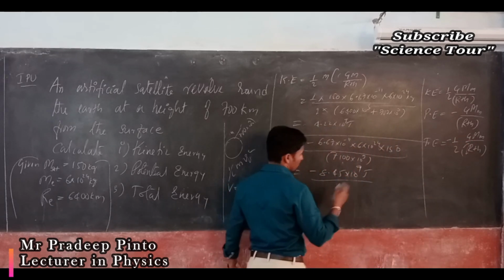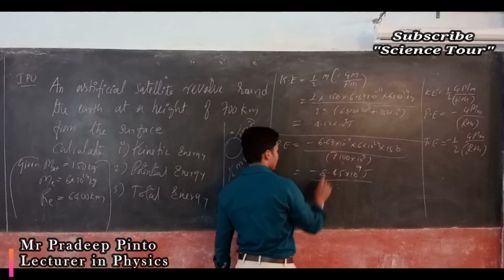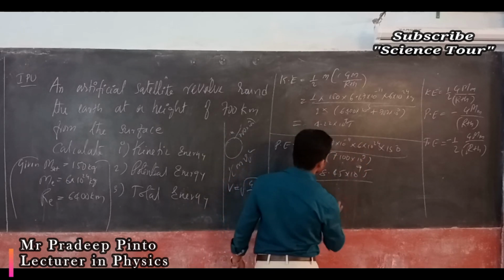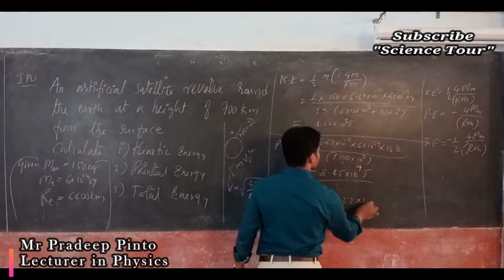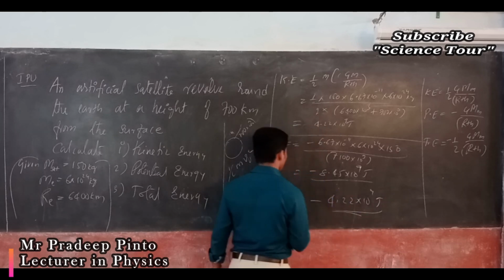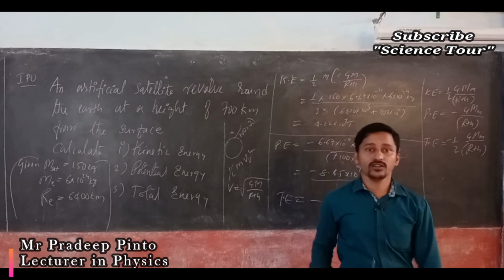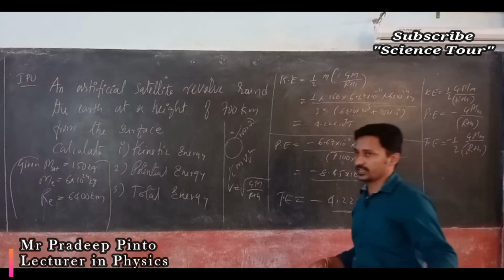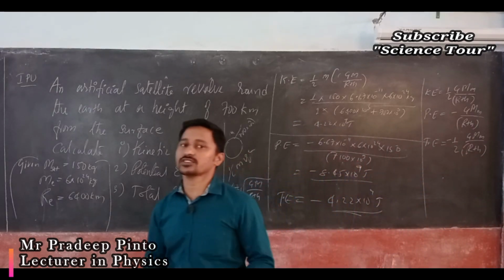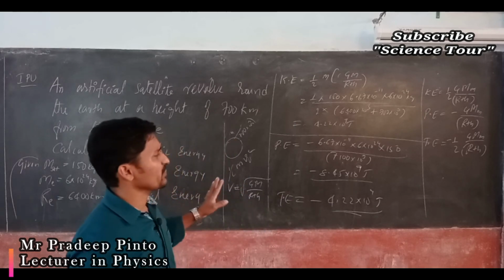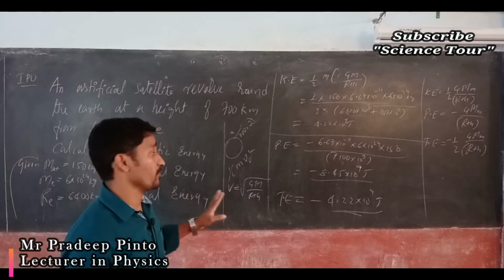Just keep the same value, that is 4.22 into 10 to the power 9 joules, negative, that is the total energy. That is what we have discussed. So go through this problem, we are going to get a lot of information from this.